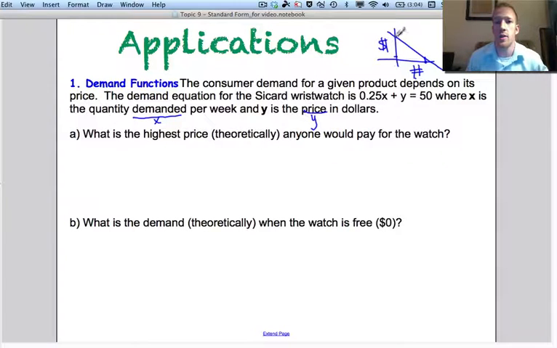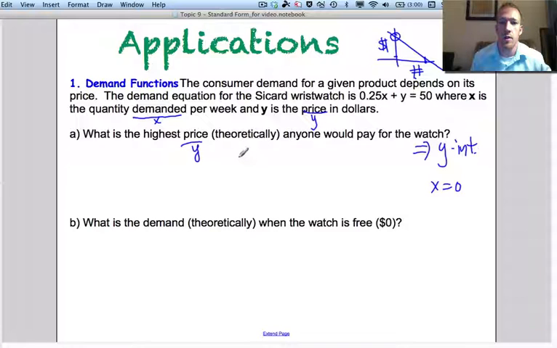What is the highest price theoretically anybody would pay for the watch? The highest price is right here, right before 0 people buy it. So that's our y-intercept. How do we find our y-intercept? We know that x is 0 at our y-intercept, so we just plug that into the equation.